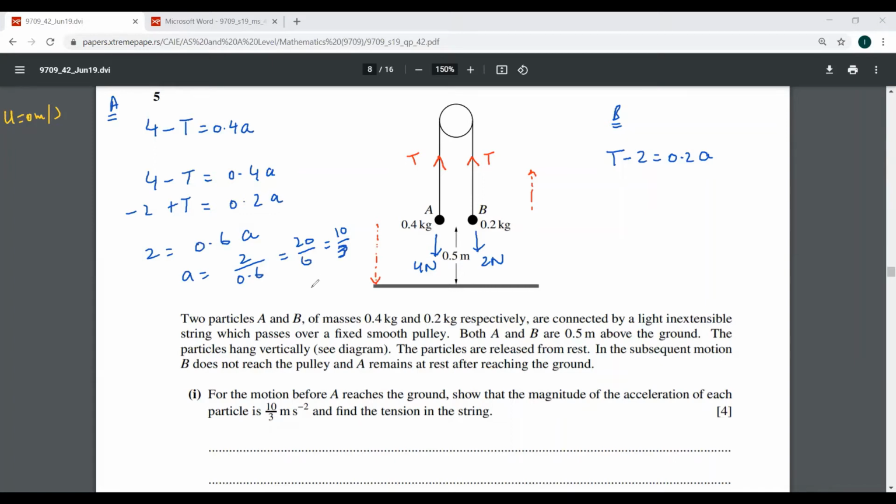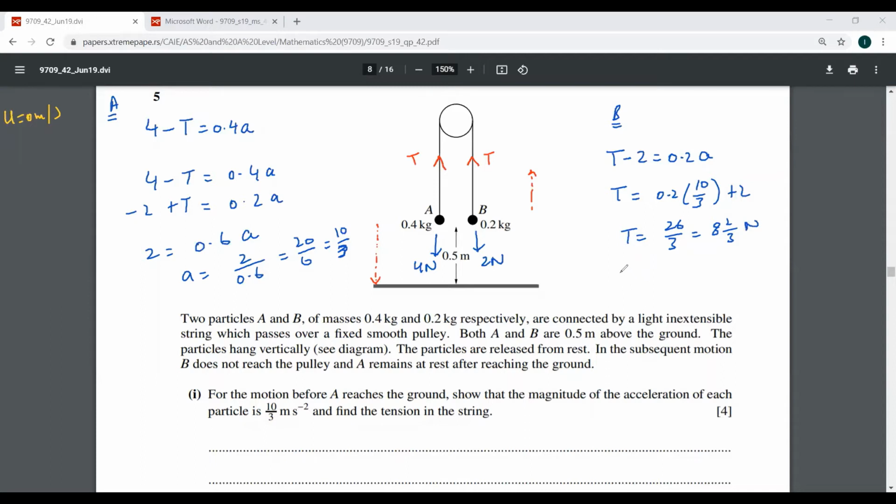Okay, and then you put that acceleration in any of these equations. This is going to be T is equal to 0.2 into 10 over 3 and then plus 2. Okay, so this is 26 over 3, that is 8 whole 2 by 3 newtons. So that is the first part over here.